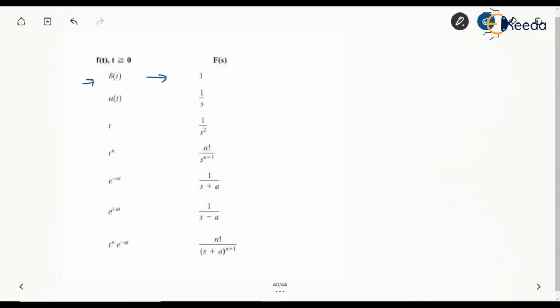The second one is step signal, which is having the Laplace transform 1 by s. You can also use 1 as a constant value, for which the Laplace transform is going to be 1 by s. So if it is k, you will have k by s. It's like if you have 5, the Laplace transform for this will be 5 by s, right?